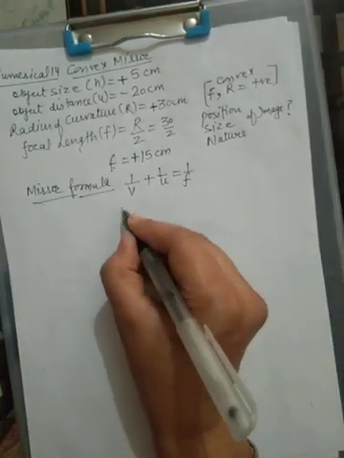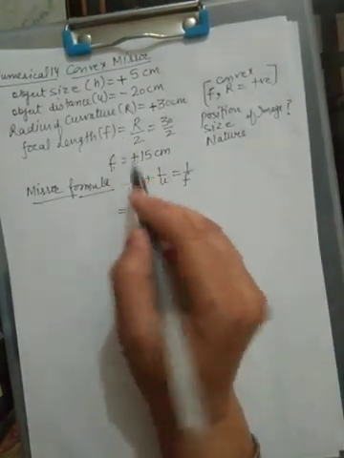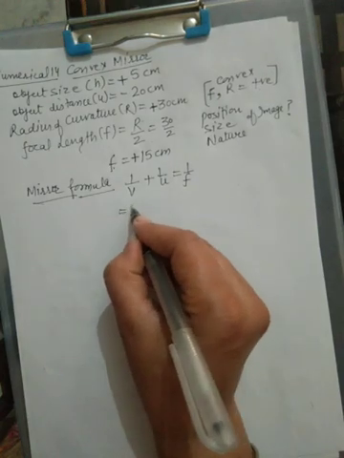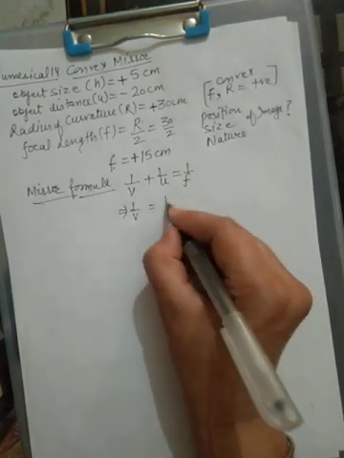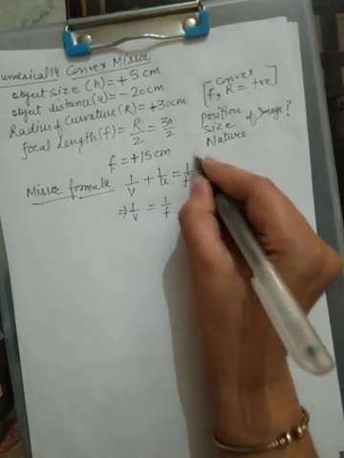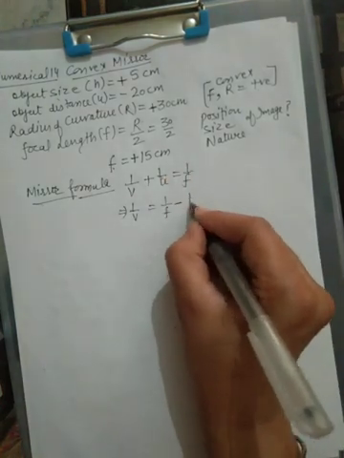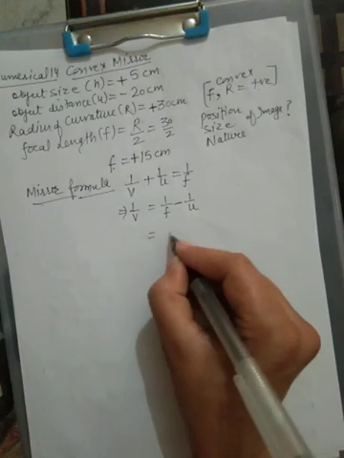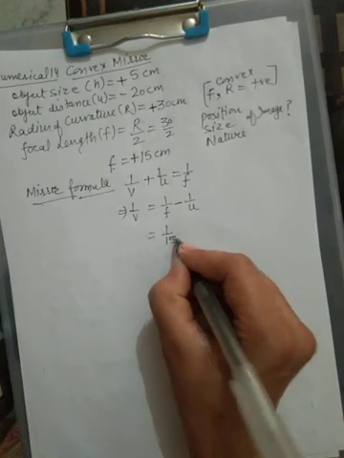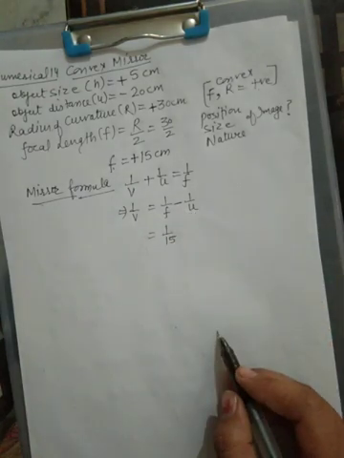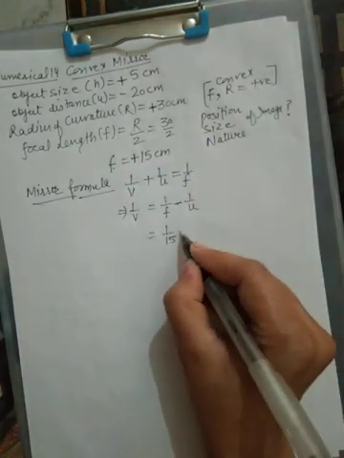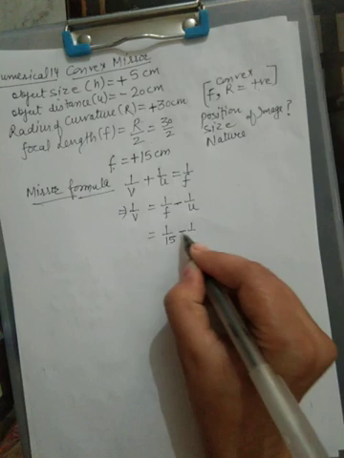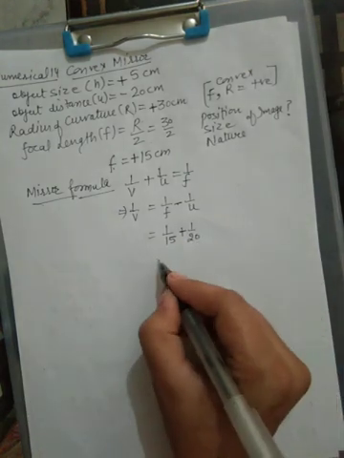Now what is V? V is to be found out. Keeping it aside, 1 by V, that is equal to 1 by F. When 1 by U going to right hand side, it will change to minus 1 by U. F is 15, and what is U? U is 20 with minus sign. This minus 1 upon minus 20, so it will be plus 20.